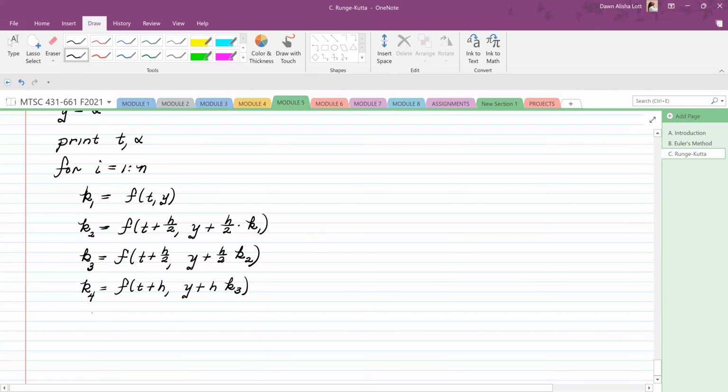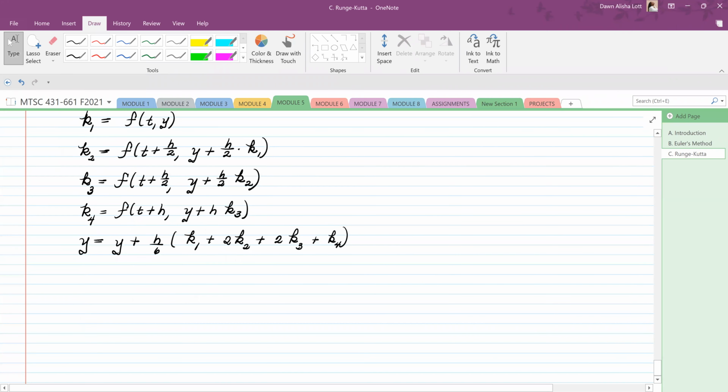K3, and then you'll get Y is equal to Y plus H over 6, and then you'll have K1 plus 2K2 plus 2K3 plus K4, and update your T to be A plus I times H. And then you can print out your T and your Y. And then that's the end of your loop.